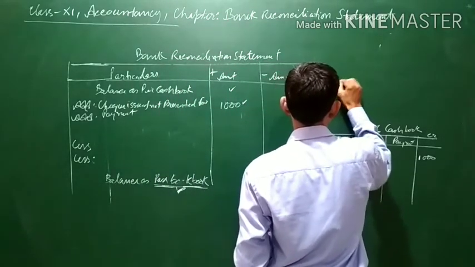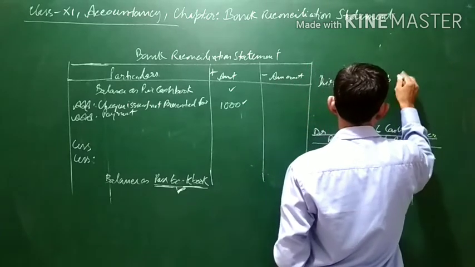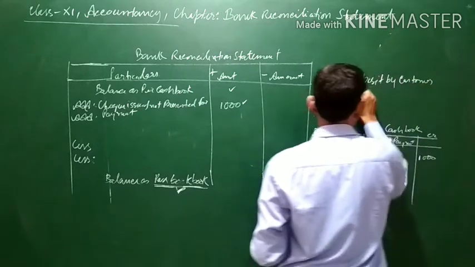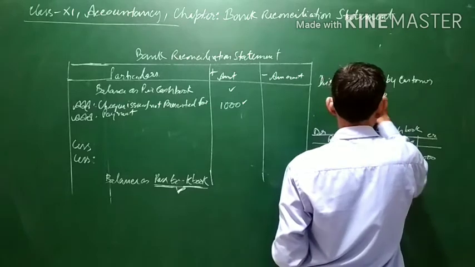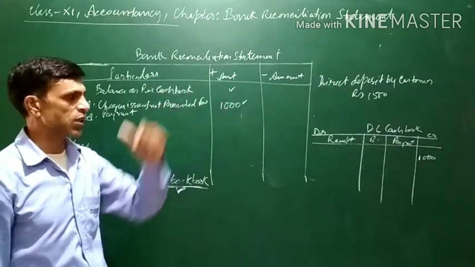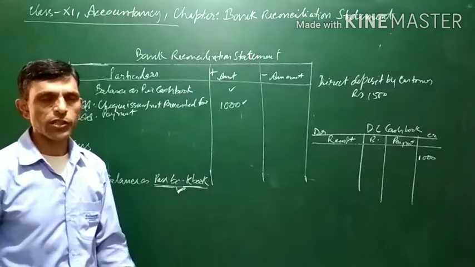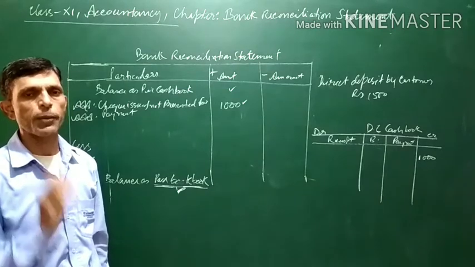Direct deposit by customer, rupees 1500. One of our customers has deposited 1500 rupees directly in our bank account.